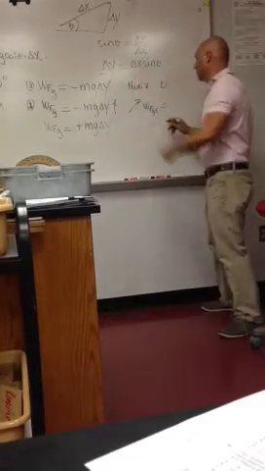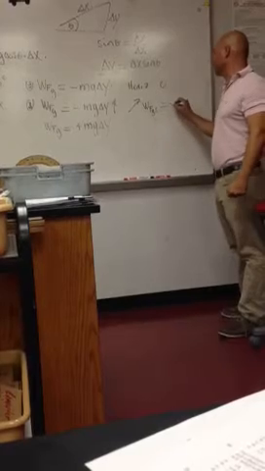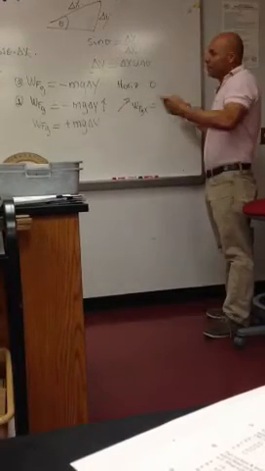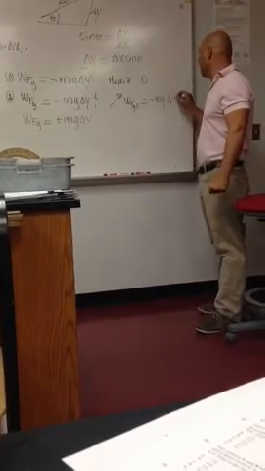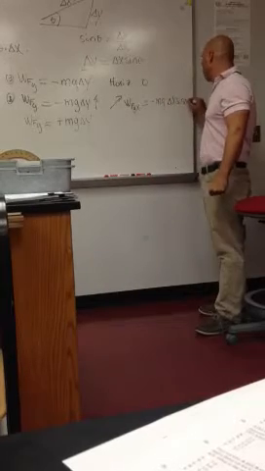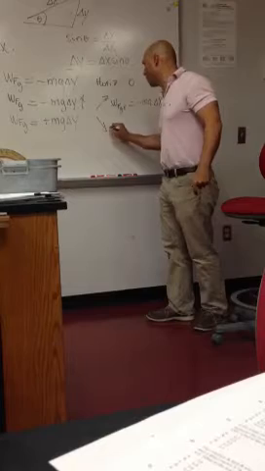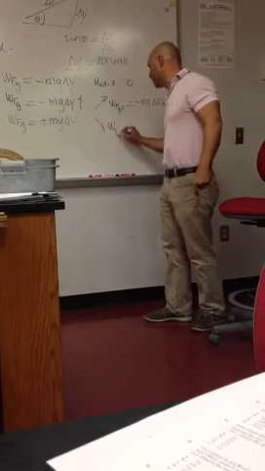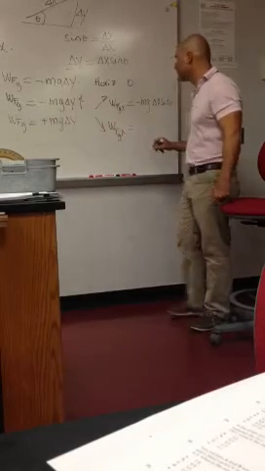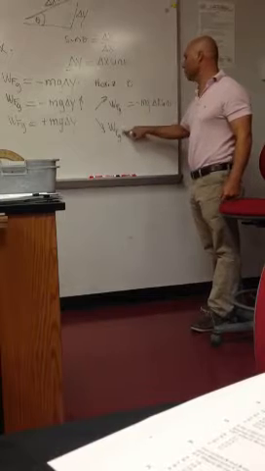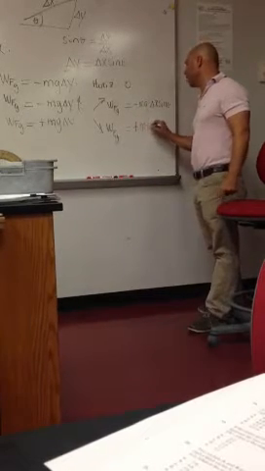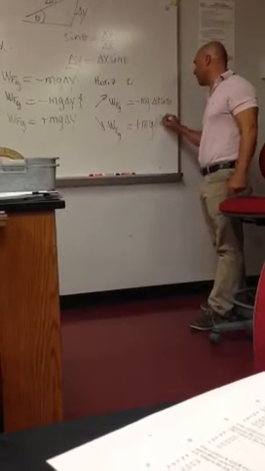Delta x sine theta. So what will be the work done by the gravity? Negative mg, because delta y is delta x sine theta, will be this. This is going up the incline. And going down the incline, what will be? Positive or negative? Positive. So it will be mg, and because it's the incline, delta x sine theta.